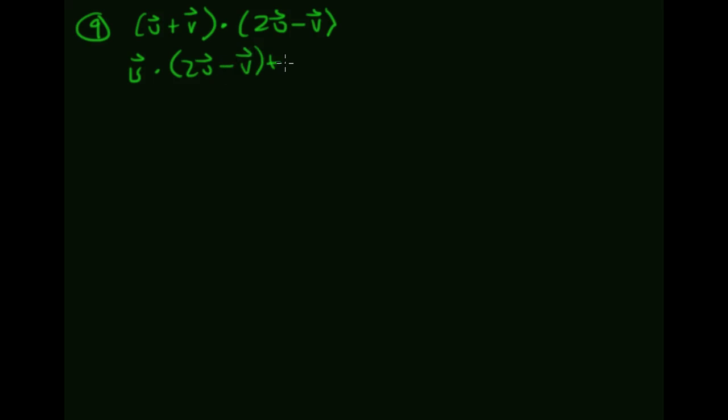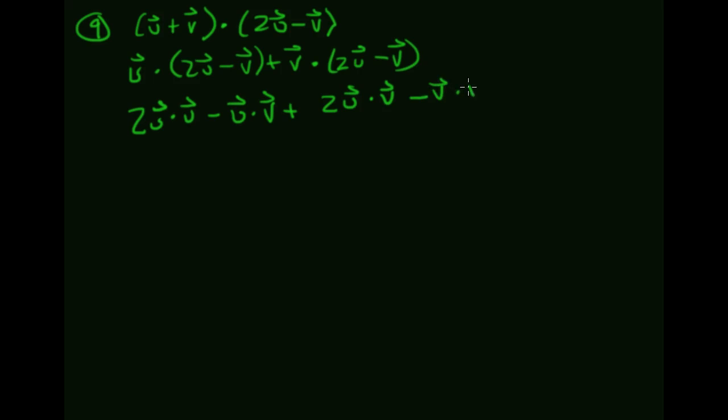All right, so these two are playing around with the distribution property. u plus v dot 2u minus v. So let's do this as u dot 2u minus v plus v dot 2u minus v, which is 2u dot u minus u dot v plus 2u dot v minus v dot v.